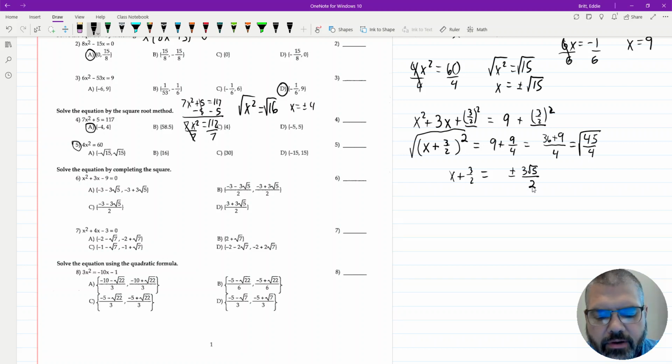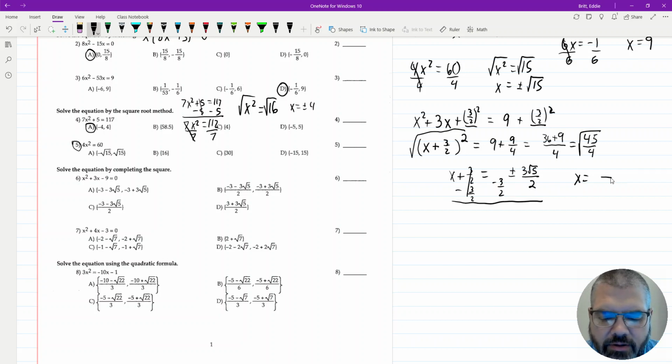So now I'm almost done, and I'll have my two answers. I just need to subtract 3 halves from both sides to get my x by itself. Now I'm going to put that in front of the plus or minus. Alright, whenever I do that, I'm going to have x equals, notice they have the same denominator. They both have a 2 as the denominator.